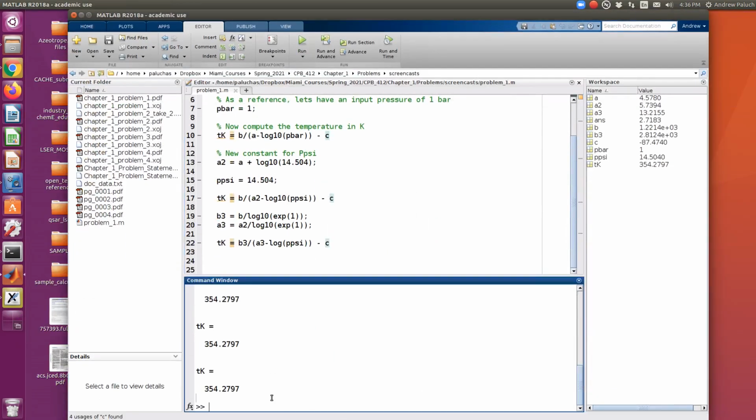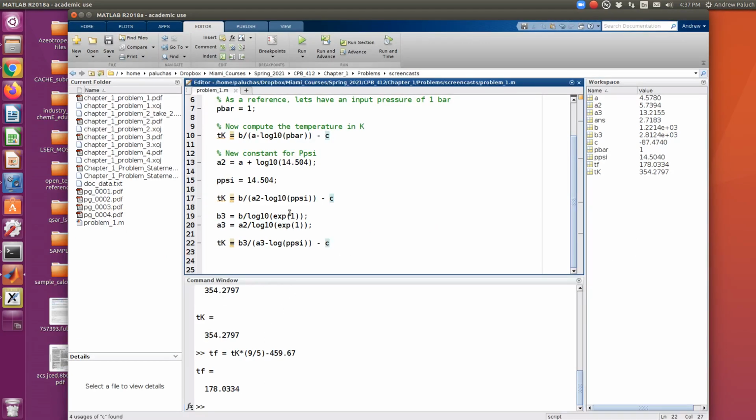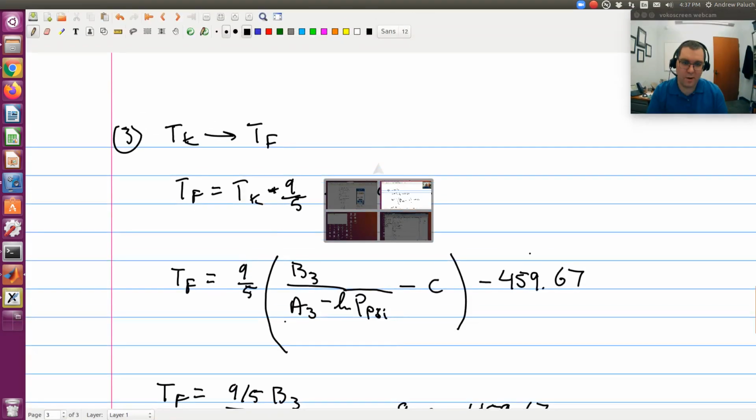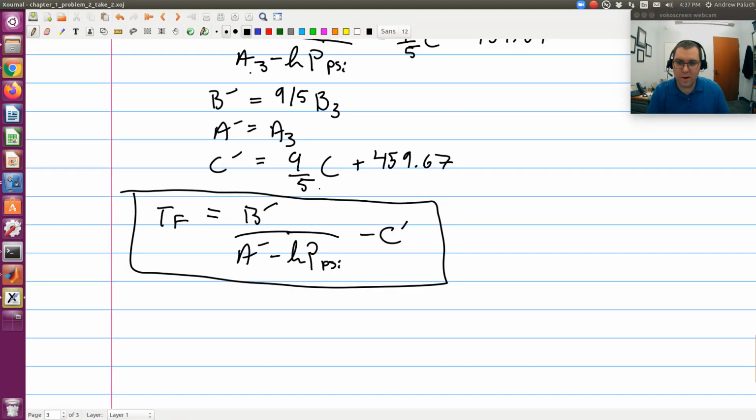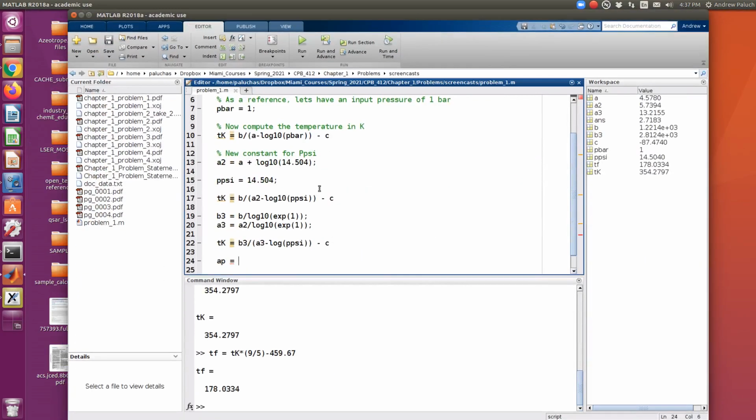So let's do it in the command window. If I wanted a temperature in degrees Fahrenheit, my reference is going to be my temperature in Kelvin times 9/5 minus 459.67. Okay, 178.0334. Now what we're going to do up here: A prime is AP, and A prime is nothing more than A3.